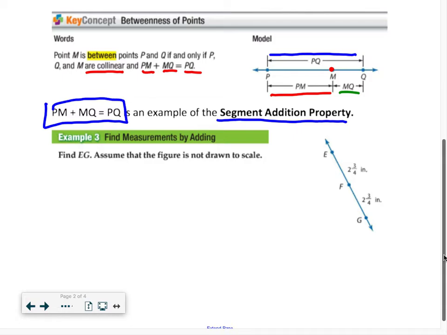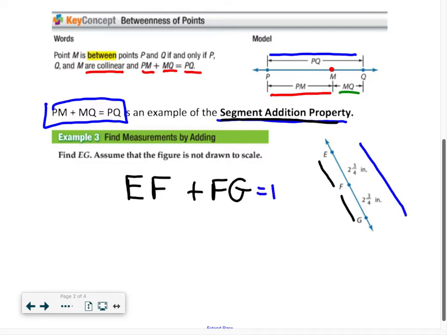The segment addition property gives us that if you add the two smaller segments, so in example 3, EF plus the next part, FG, add up to make the whole segment EG. And so you should be able to find EG because you're given the measures for EF and FG.